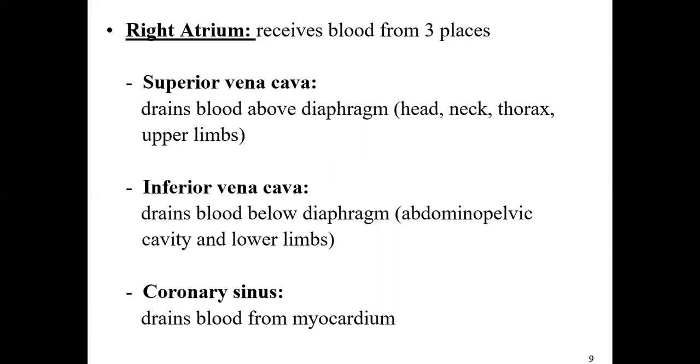Then the heart muscle itself drains blood from the myocardium back into the right atrium through the coronary sinus. The left atrium, again, is an atrium, so it's a receiving chamber, a holding chamber. It's receiving blood from the lungs, and that comes from the pulmonary veins coming from the lungs back over to the heart, and they empty into the left atrium.